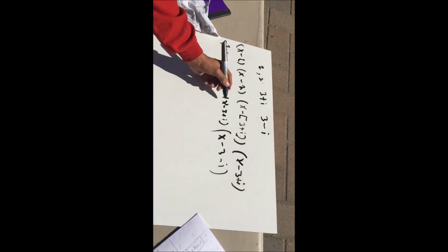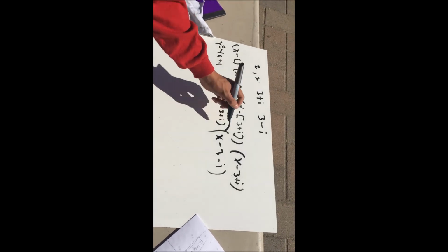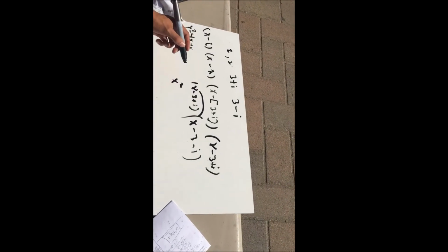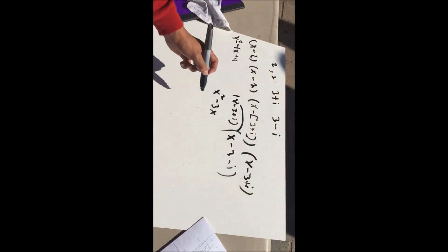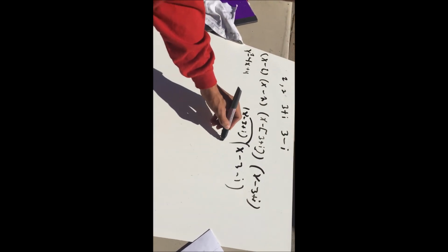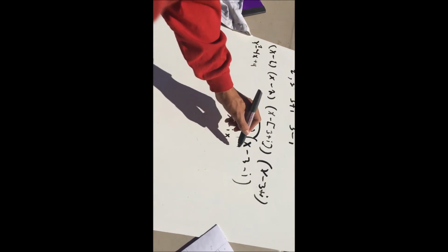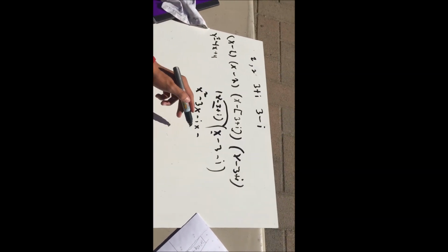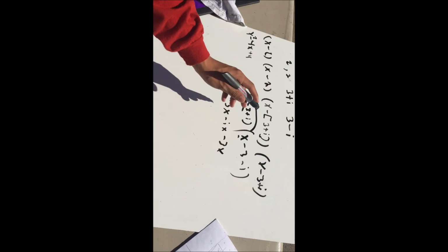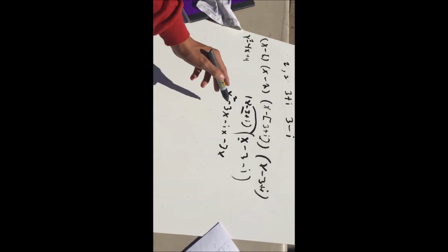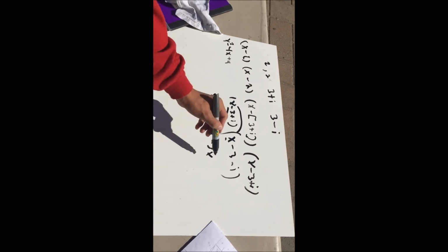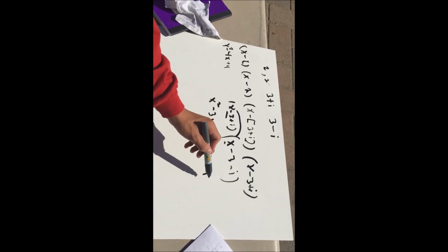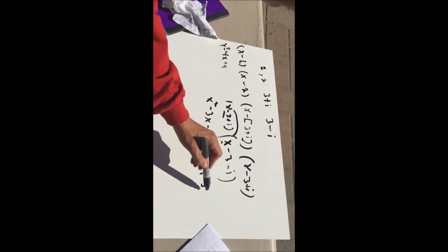And then you get x squared minus 3x minus ix. So then you get this one, and minus 3x minus 3x plus 9 minus, or plus 3i.